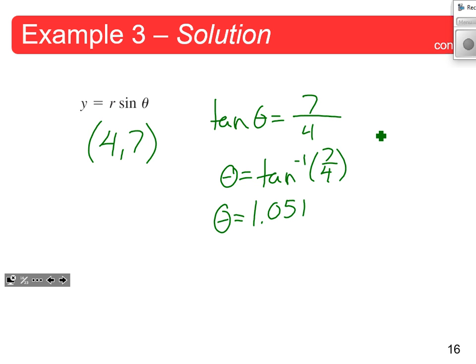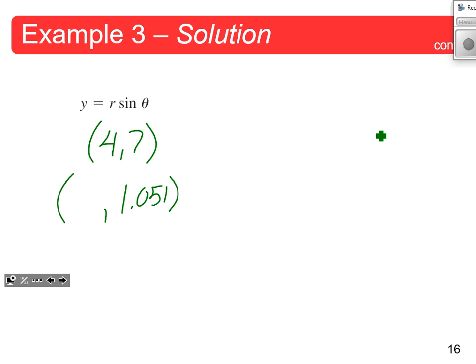And we'll leave it as this. Most of the ones in the book, especially the ones on your assignment, aren't going to be ugly decimals. They're ugly decimals because I just picked one out at random. That's our angle.